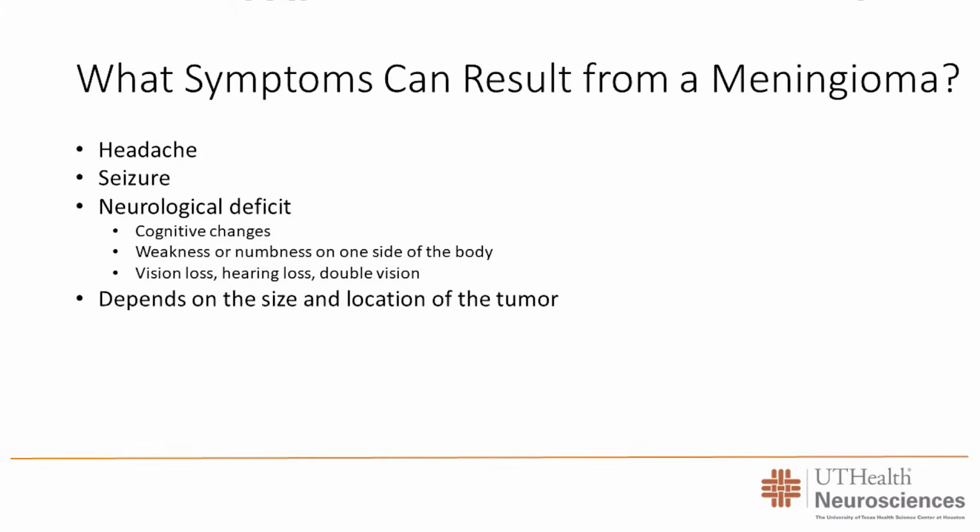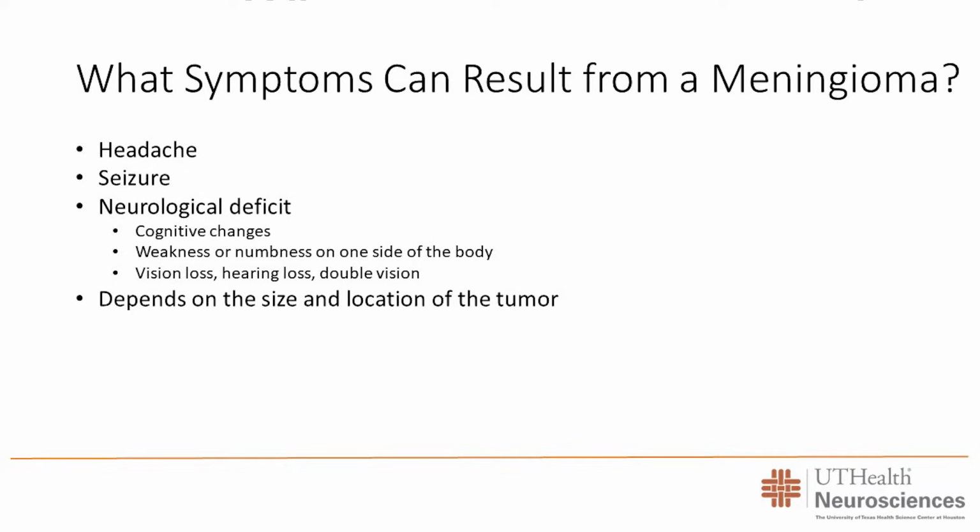So what symptoms can result? Well, as a meningioma gets larger, it takes up space within the skull, which is a fixed space because the skull is bone, and that pressure on the brain can cause headaches. That's a very common presenting symptom. Also, because of that pressure on the brain, a patient can suffer a seizure. Usually, before somebody starts to have actual changes in their neurological status, the patient will have a headache first, but not always.